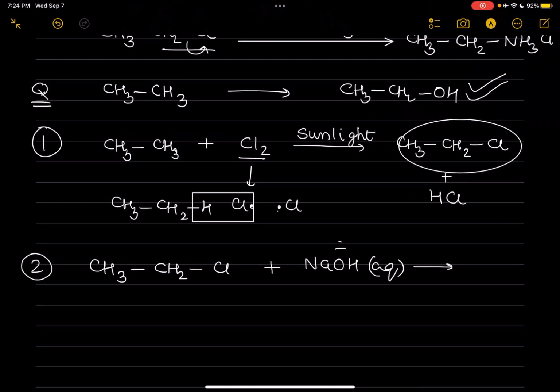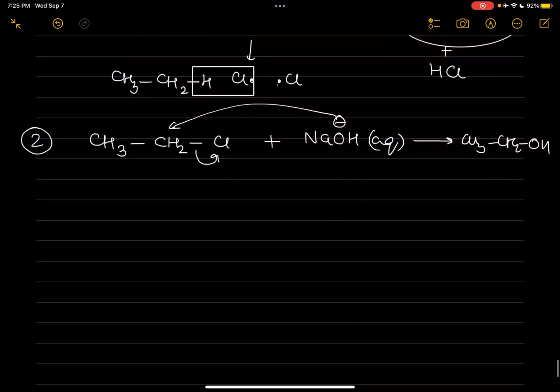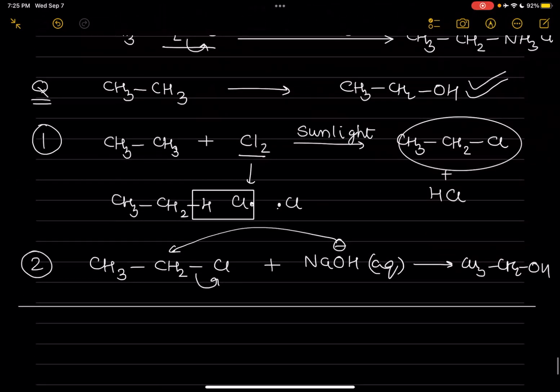Okay. Right. Yes, sir. So these are nucleophilic substitution reactions on alkyl halide, but you need to have an alkyl halide.